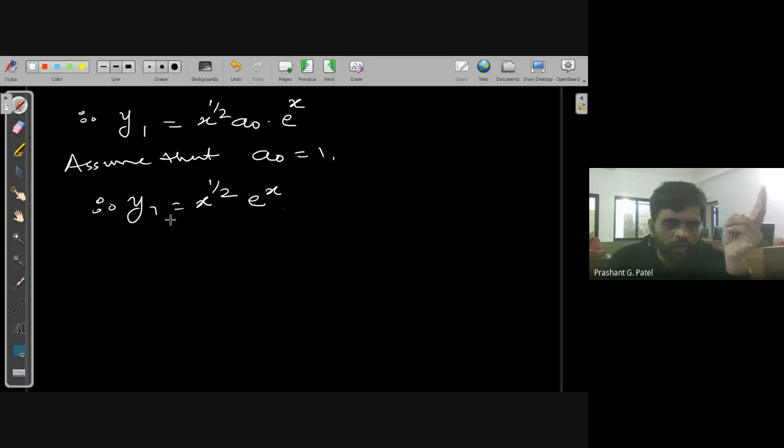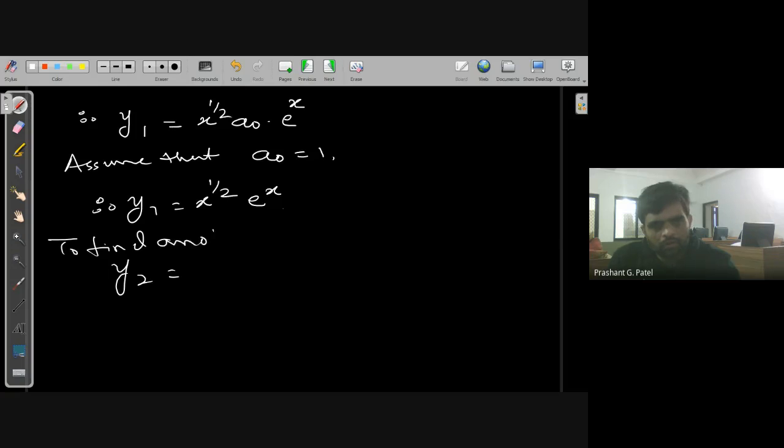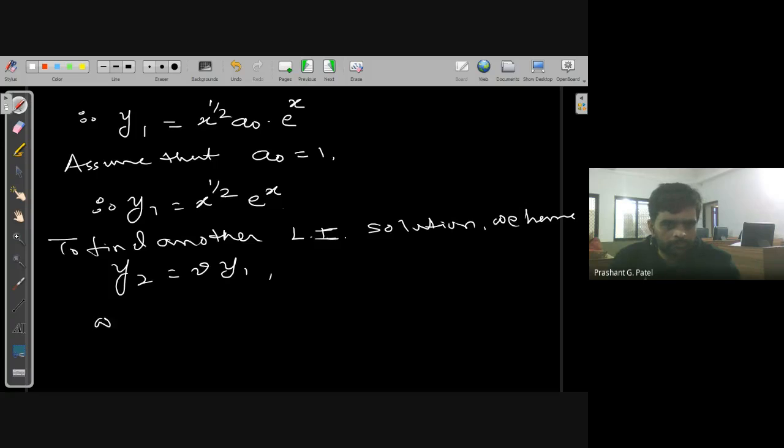Now the question is to calculate another linearly independent solution. As per the theory, to find another linearly independent solution, we have y2 which is v into y1, where v dash is 1 upon y1 square into e power integration minus p of x dx.